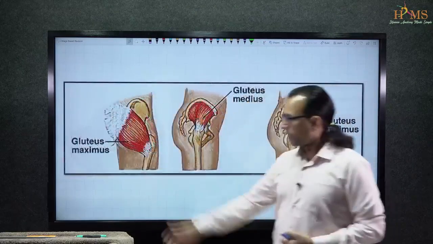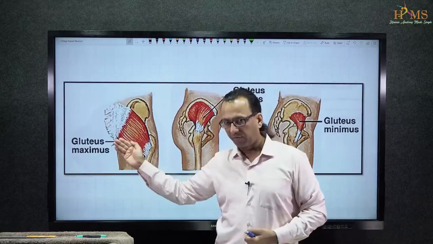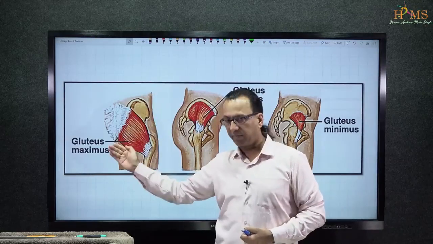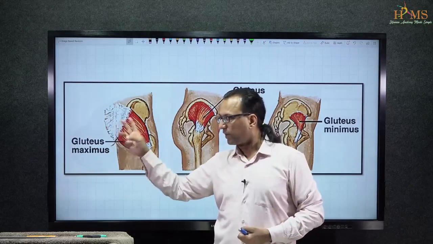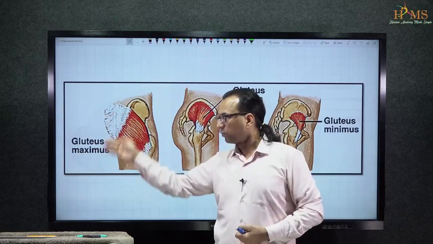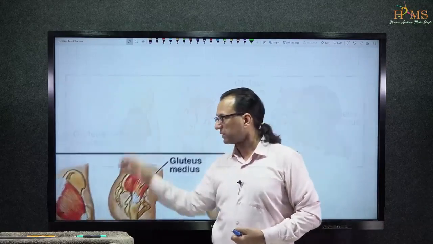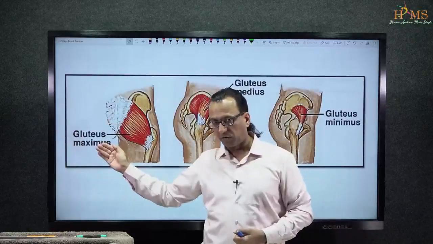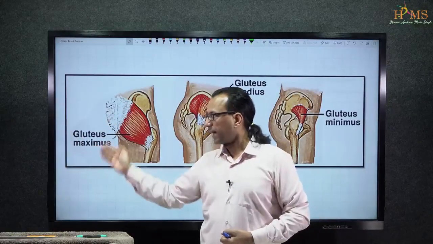It also works with the short lateral rotators under cover of that, which I named, that is piriformis, superior and inferior gemellus, obturator internus and externus, and the quadratus femoris. All of these muscles work with gluteus maximus for lateral rotation at the hip joint.